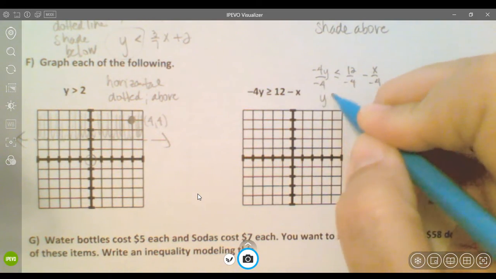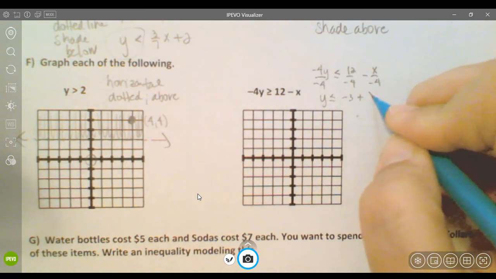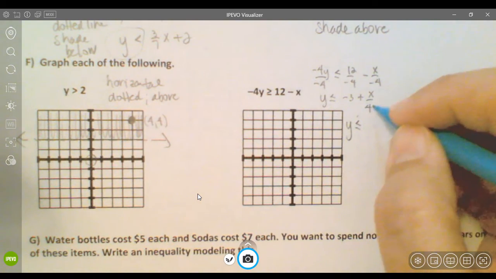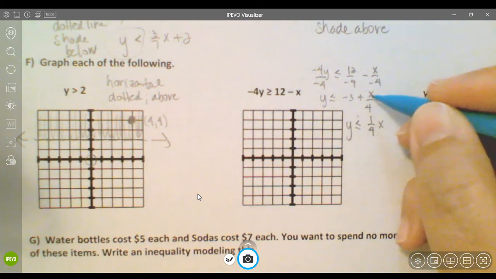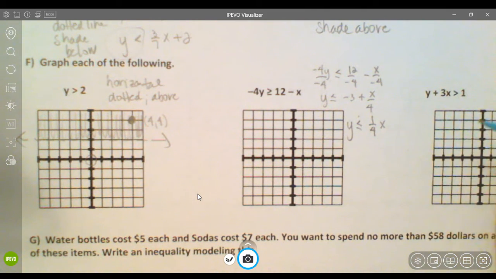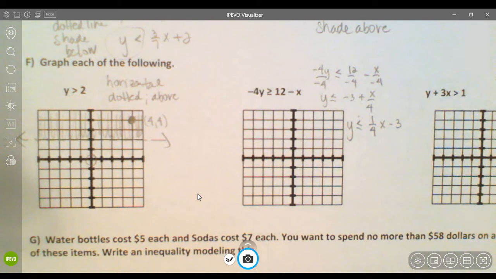So we'll get y is less than or equal to -3 plus x over 4. Okay, I'm going to write this in slope-intercept form. That will be 1/4 x because we're dividing by 4, so we're taking a fraction of x, minus 3.